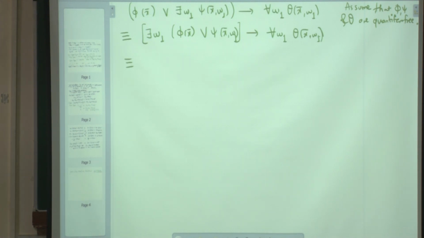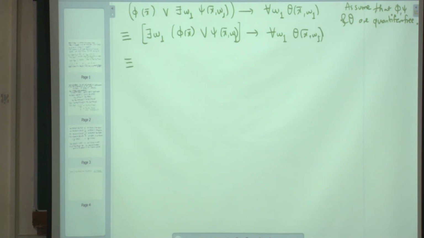What should be one more step now? No, I cannot do that right now. You are asking me to bring it out, but we can't do that. You have to first make sure that in every different scope, the bound variable's name is different.